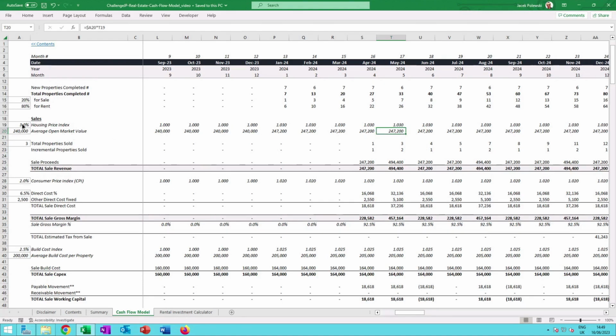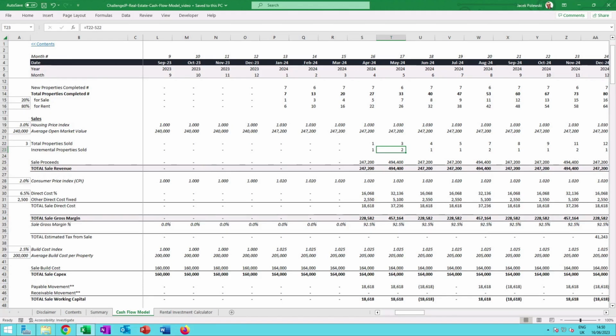For example, at the moment, the model is set to 3%. So you'll see that 240,000 increases by 3% every January, and that's what that index here is telling us. The way the model works is it takes that 240,000 and multiplies it by this index to increase it to the appropriate value. So that's our market value of the house.